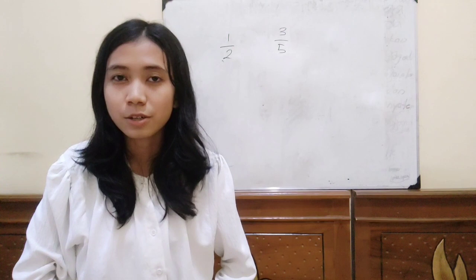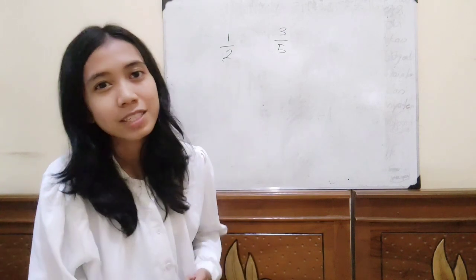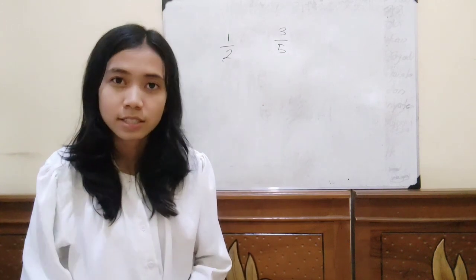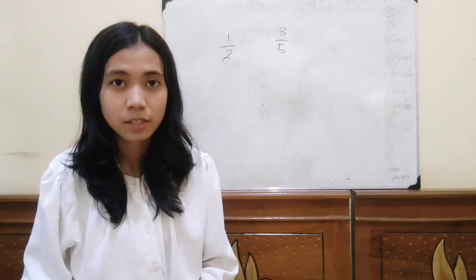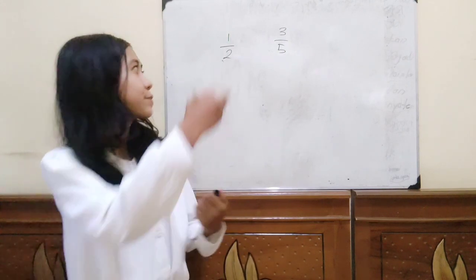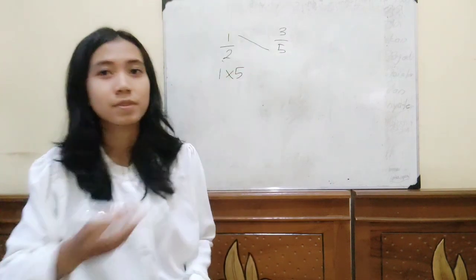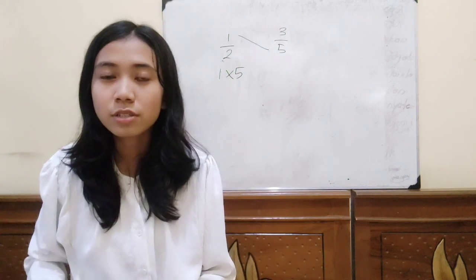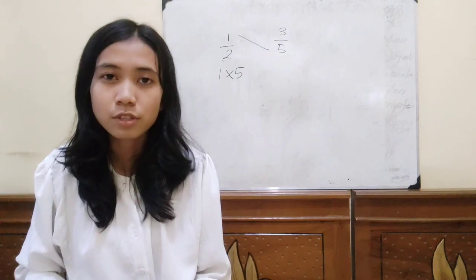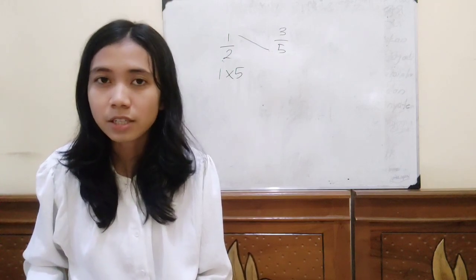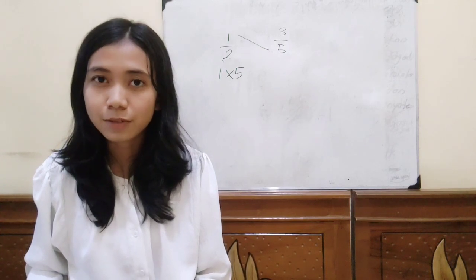We can also compare fractions with cross multiplication. First, we multiply the numerator of the first fraction by the denominator of the second fraction. Second, we multiply the numerator of the second fraction by the denominator of the first fraction.